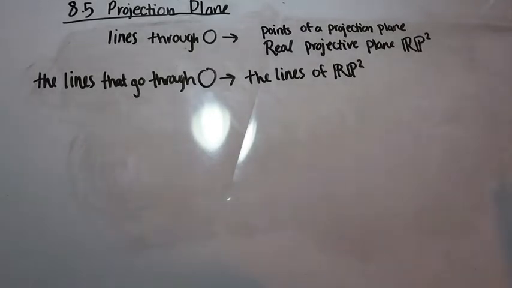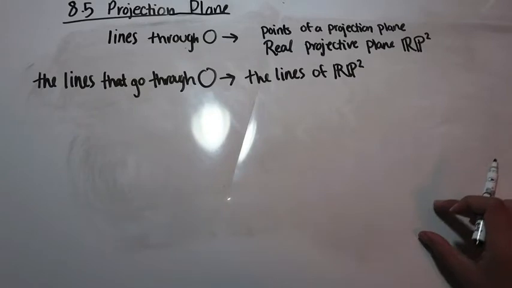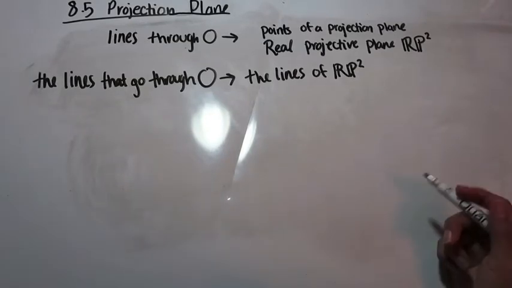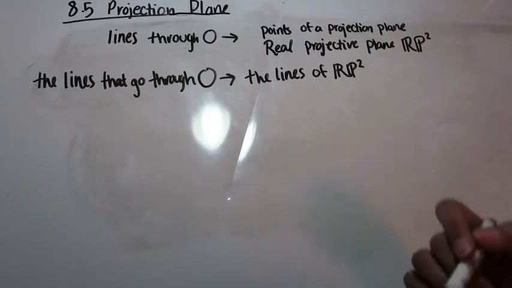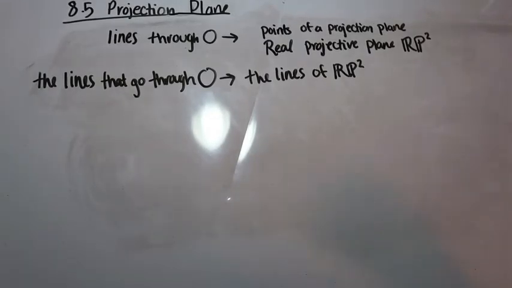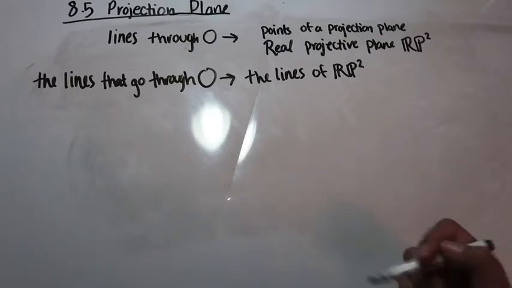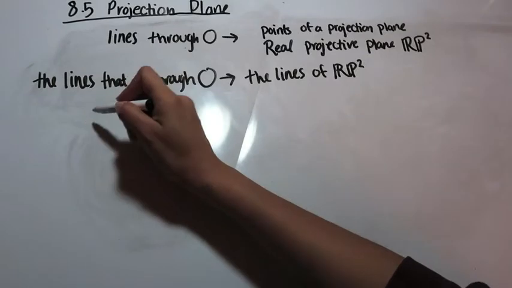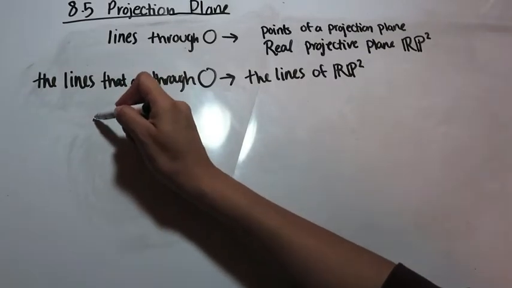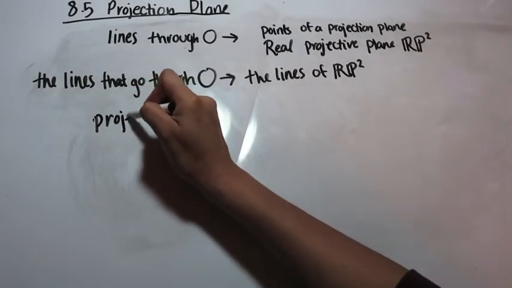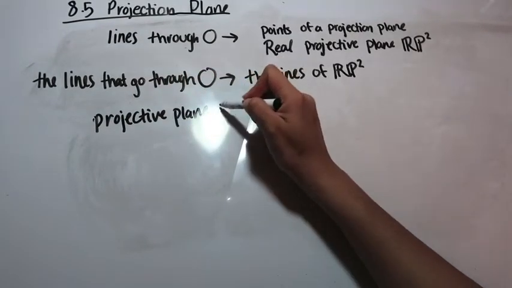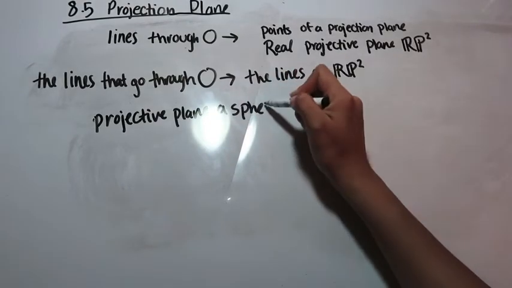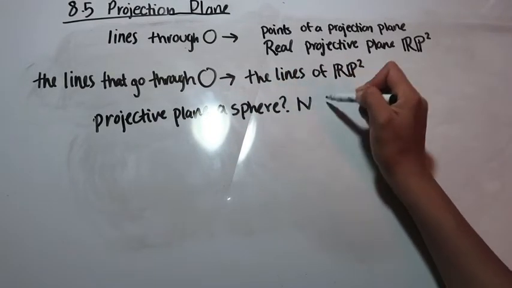Based on the other drawing that I did with the circle projecting onto a line, we could assume that a projected plane is a sphere since the projective line is a circle, but that's actually not true. So projective plane, a sphere, no.